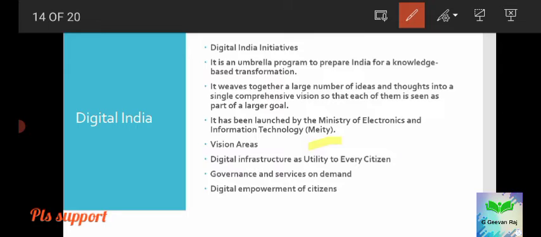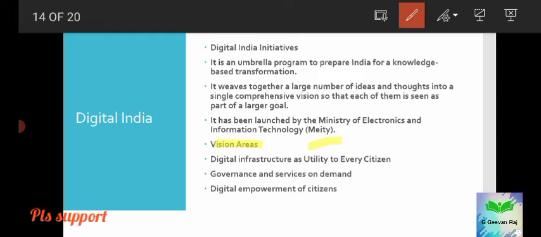Vision areas: digital infrastructure as a utility to every citizen. So, the main vision of this program is to provide a digital infrastructure which can be used by every citizen. Governance and services on demand.